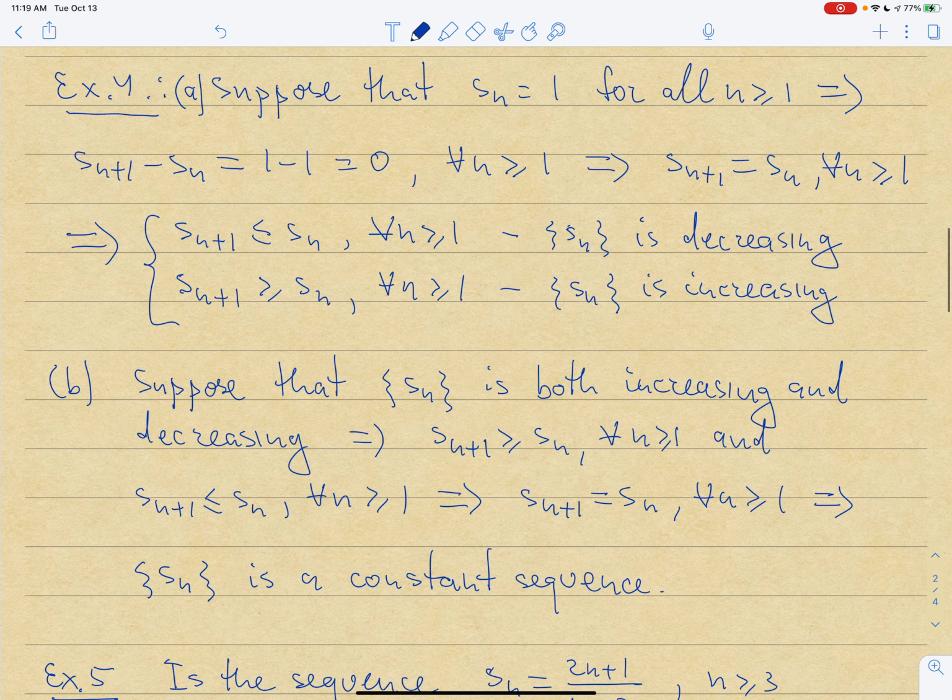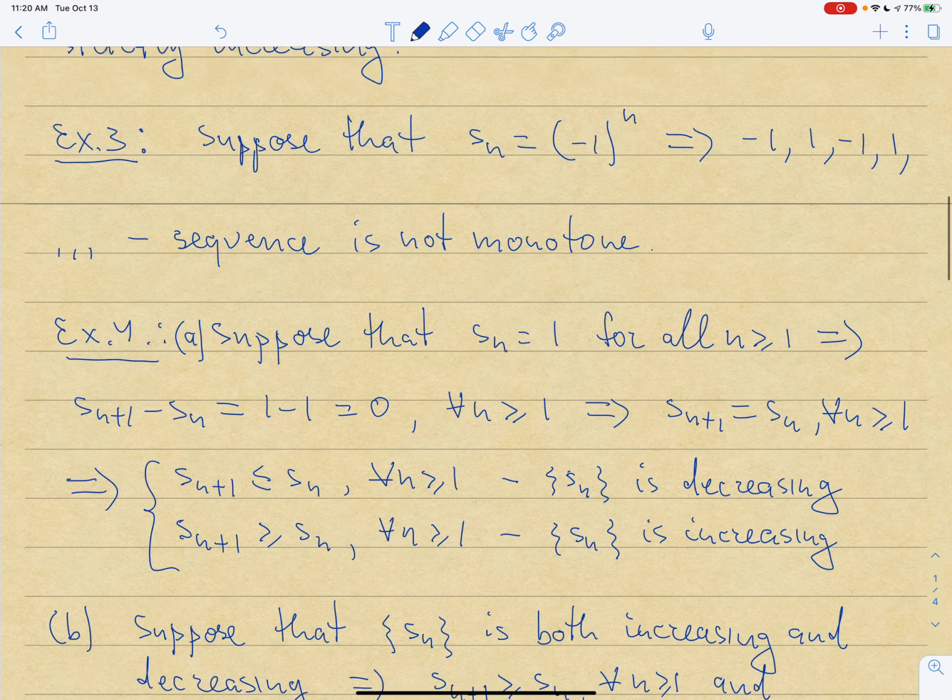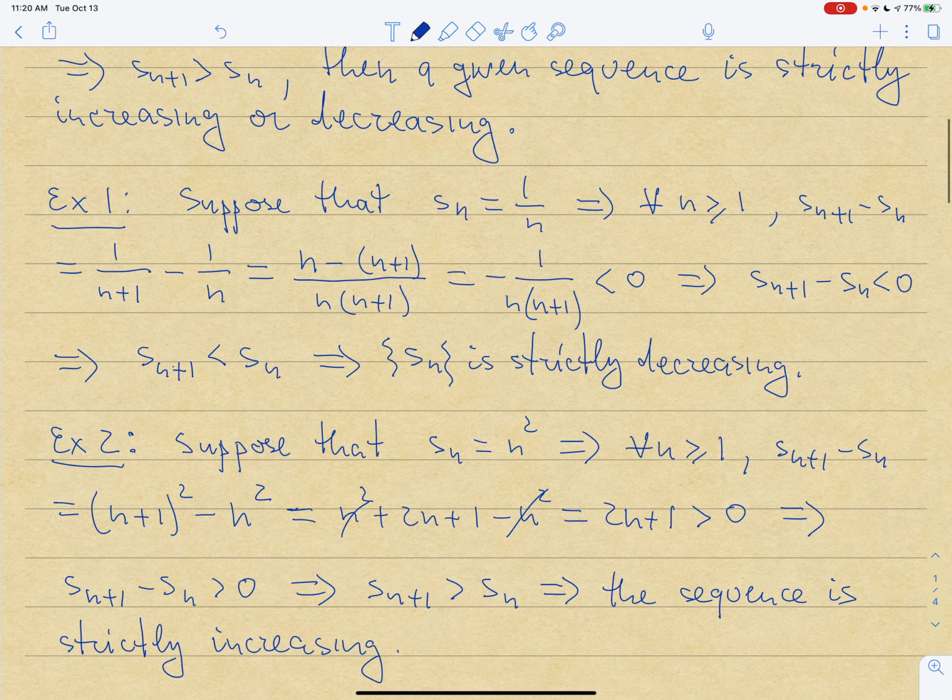So in the first example, Sn was equal to 1 over n, right? And the sequence was strictly decreasing. So that's a sequence which always goes down with n. And I also know that Sn, in this case, are always positive.